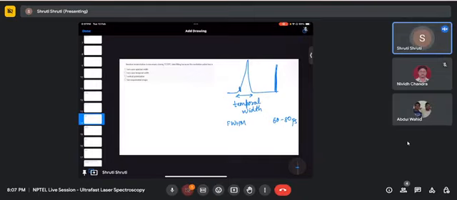So this is again a numerical question. The question is: a fluorescence decay is fit to a tri-exponential function. So now you have a sum of 3 single exponentials, tri-exponential.